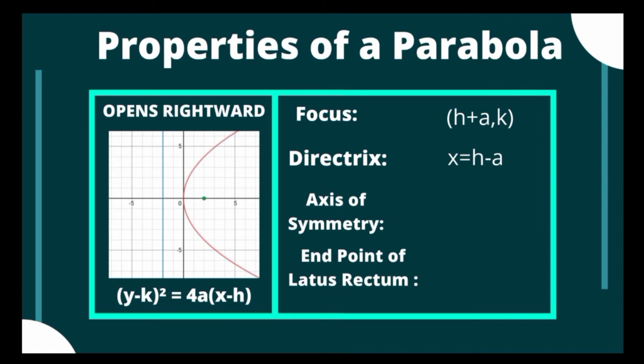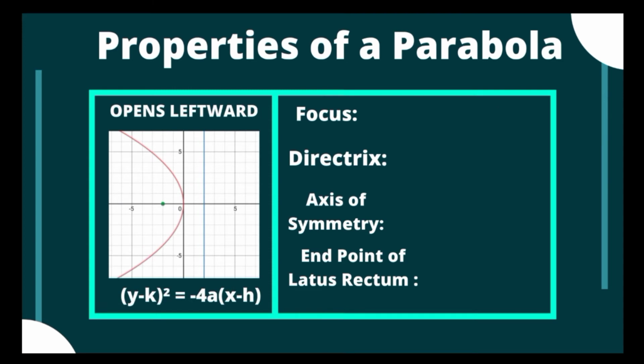And then the axis of symmetry will be y is equal to k. As you can see, the changes, we will use y rather than x because it will become horizontal. And then the endpoints of the latus rectum will be h plus a, comma, k plus or minus the value of 2a.